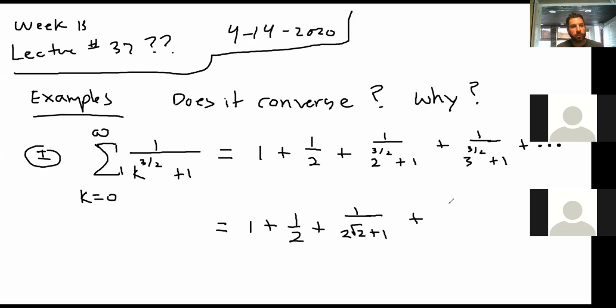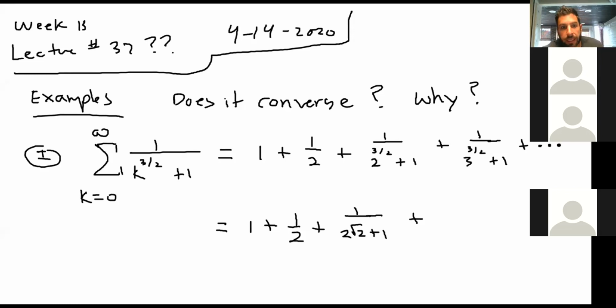And what is 3 to the 3 halves? Well, it is the square root of 27. I don't know, can you do anything with 3 to the 3 halves? Maybe some of you are good with your exponents. Maybe some of you aren't. Again, what does it mean for this particular problem?